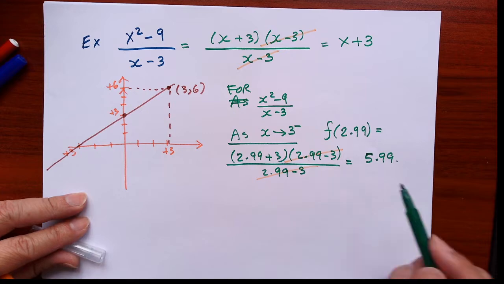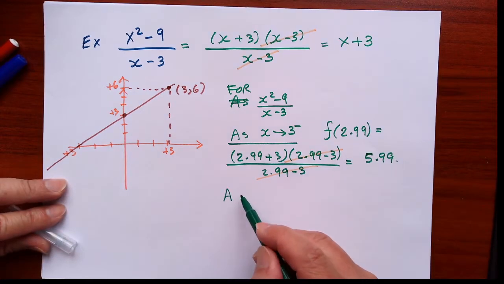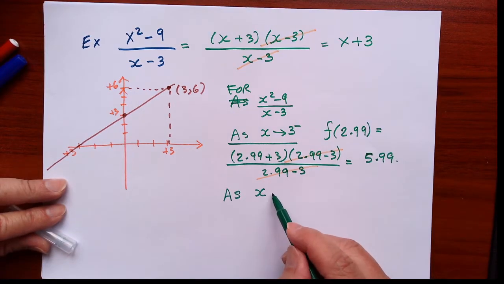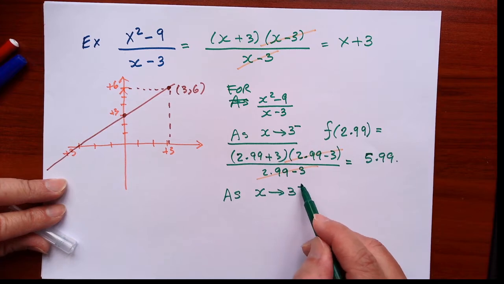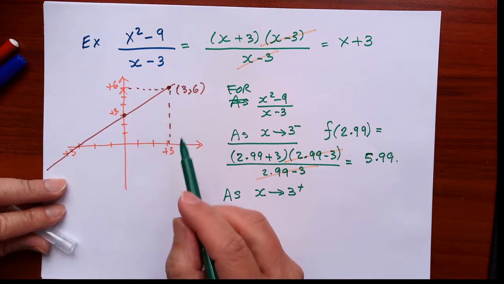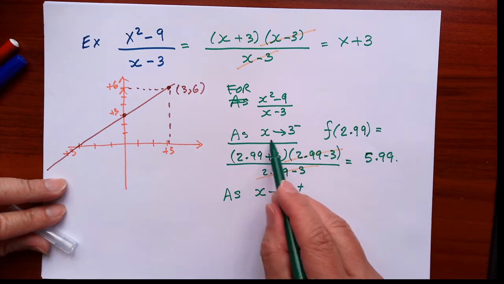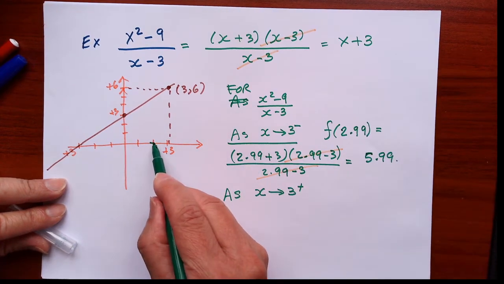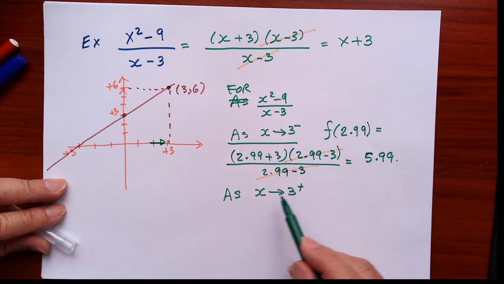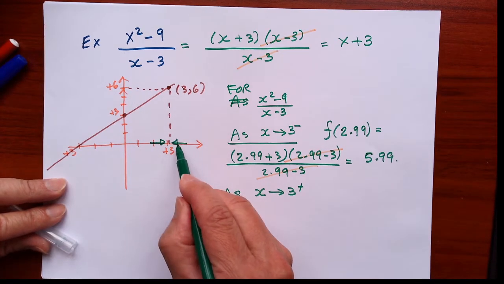That's the first evaluation. The second evaluation is as x approaches 3 from the positive. As x approaches 3 from the negative, we're coming in from this side. For x approaches 3 from the positive, we are coming in from this side.